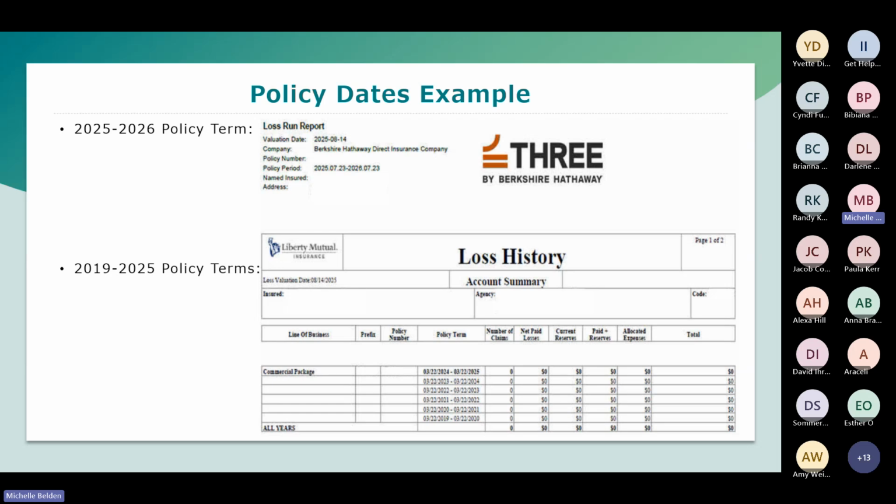So we're always wanting to show, if we can, continuous policy coverage for them. If they have it, that's great. And the more loss history, 3 to 5 years, that we can provide, the better. It's really important to give us that explanation if there's anything that looks askew on the loss run, like, okay, why is there a lapse, or why did the name change? All those examples I was speaking of earlier.